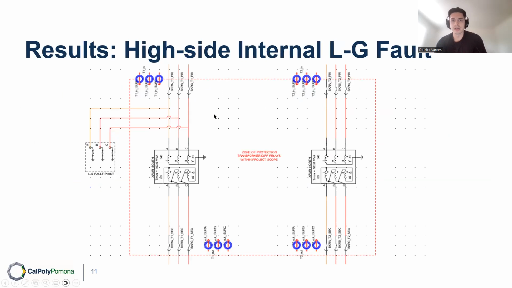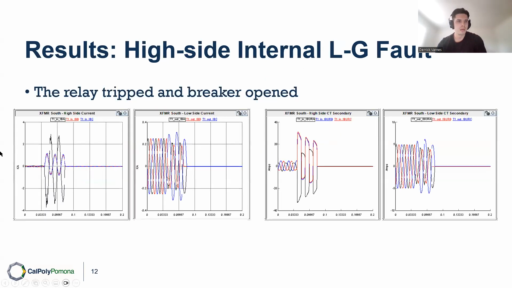This is the architecture for a high side internal line to ground fault. So we move that fault block connection point inside the zone of protection. It's inside the high side breaker, right here on the high side windings for the south transformer. And here's where we apply the fault, with these large spikes, of course.